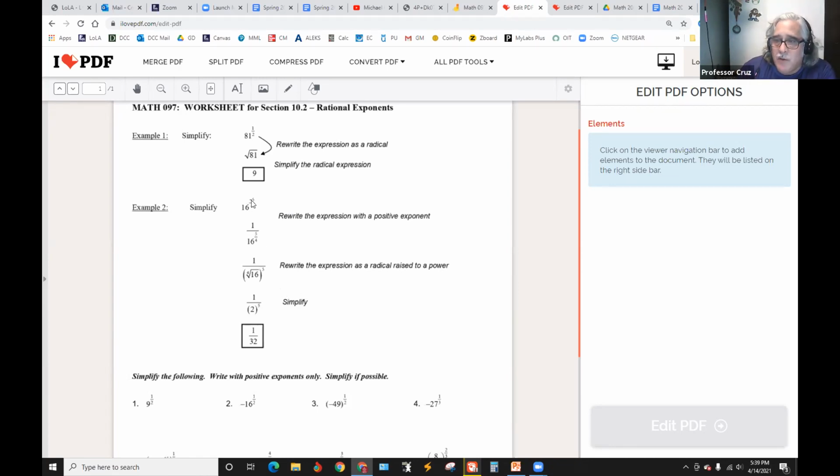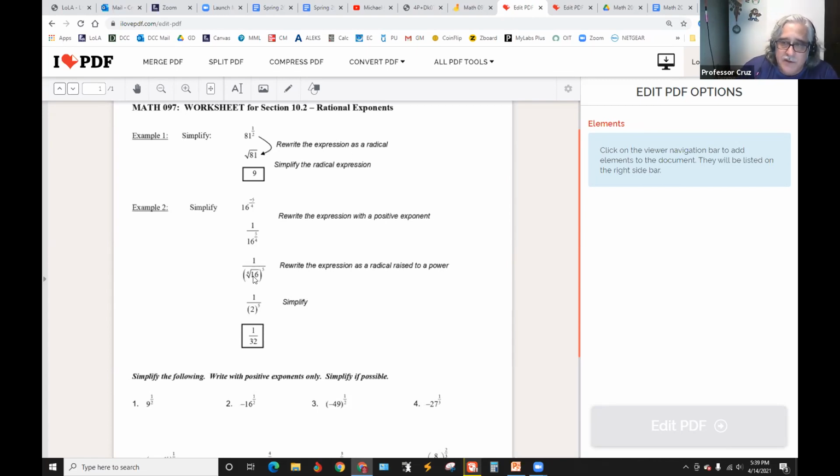All right, so we use up the negative by taking the reciprocal, so 16/1 becomes 1/16 to the 5/4. All right, now we're going to use the denominator, the quarter, for a 4th root of that base of 16. All right, and then the 5 goes on the outside.